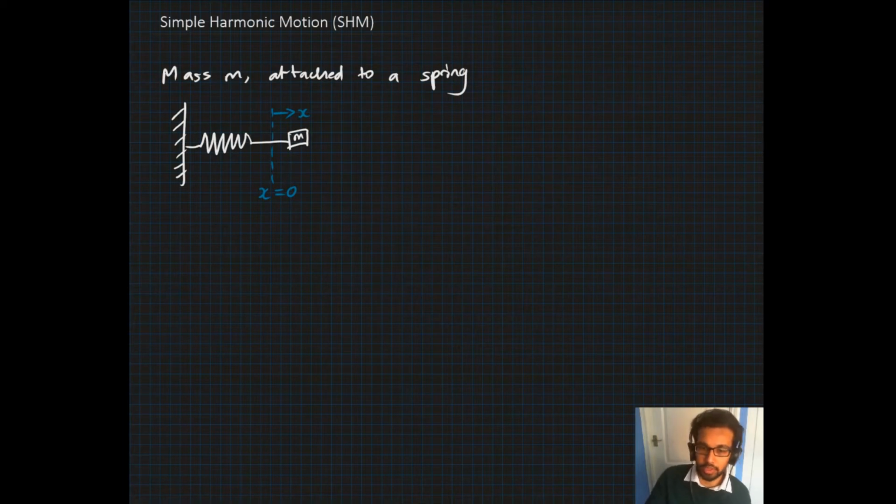Now we'll also label on the acceleration. So the acceleration we'll also take to be in this direction. And then let's label on the spring constant, k.